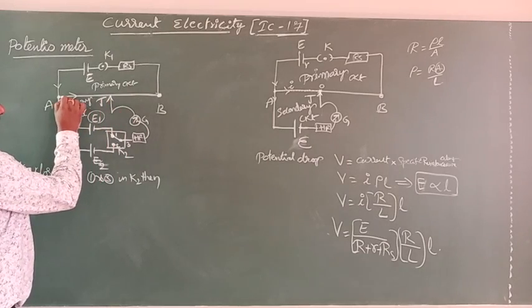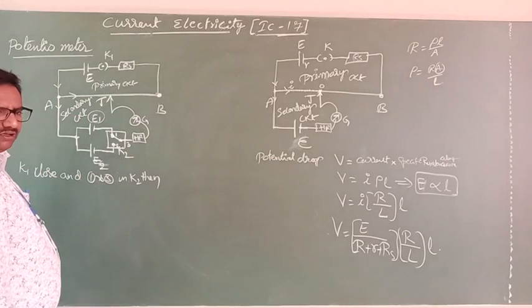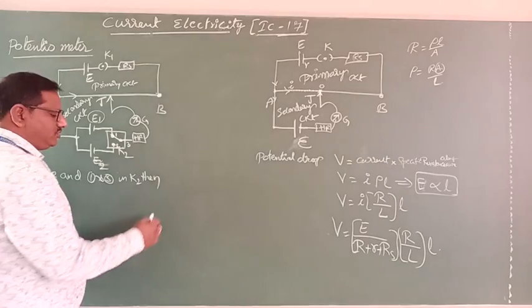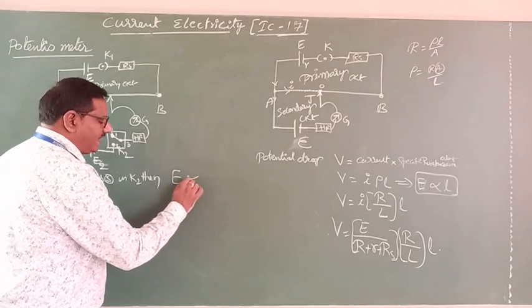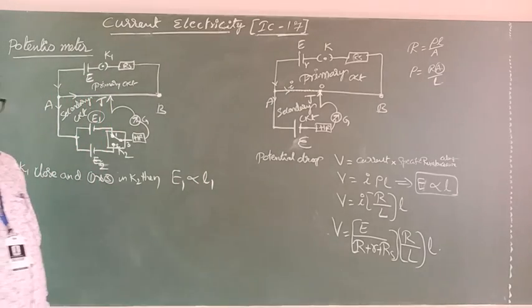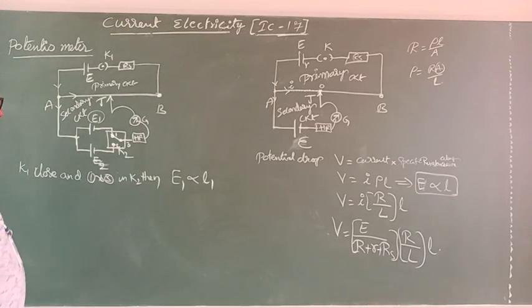Now the jockey is placed point by point, touching along the wire. At a particular length, the galvanometer shows zero deflection. According to the principle of potentiometer, E1 is directly proportional to L1.